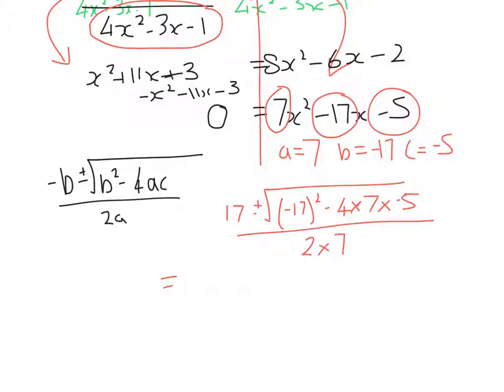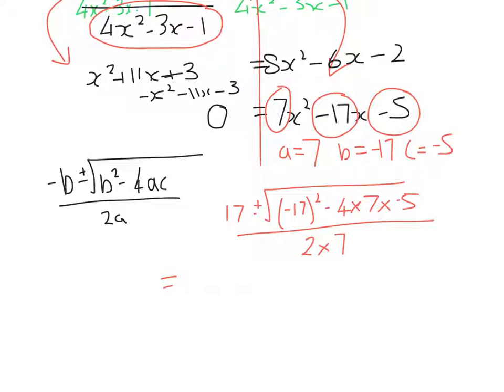So I've got 17 plus the square root of brackets minus 17 squared minus 4 times 7 times minus 5, all over 2 times 7.